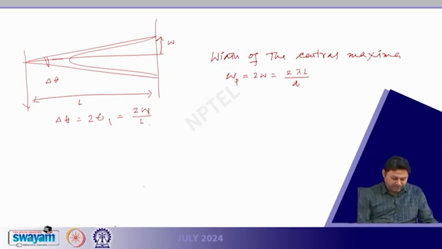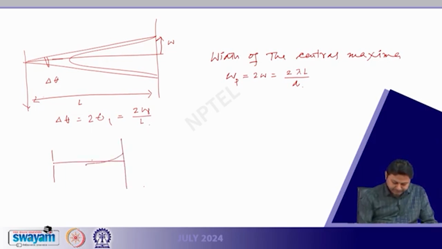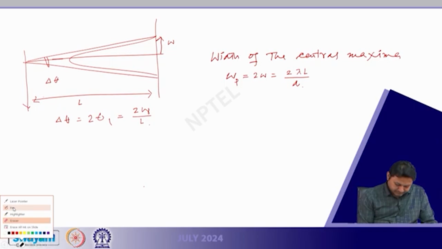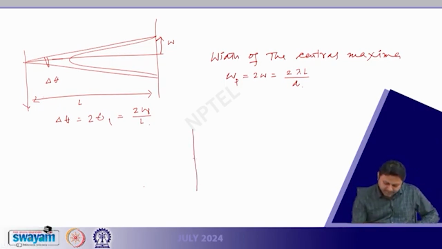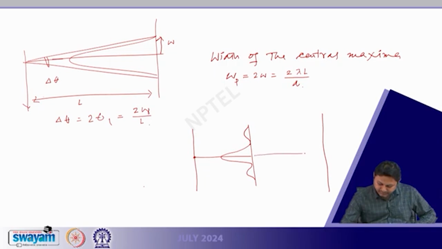So, obviously, it depends on L. The point is, if I move the screen, so this is my source, and initially I have a screen here, and for another length I have the structure like this.